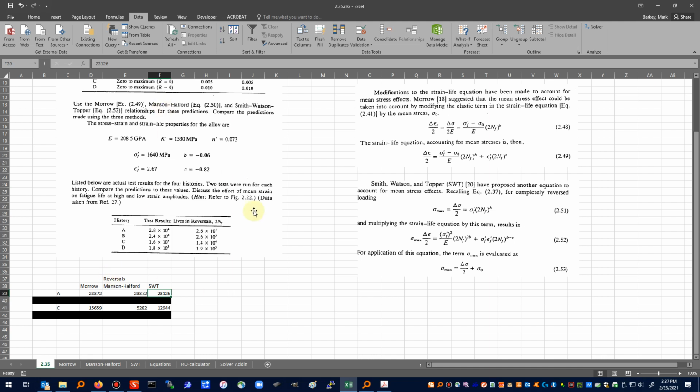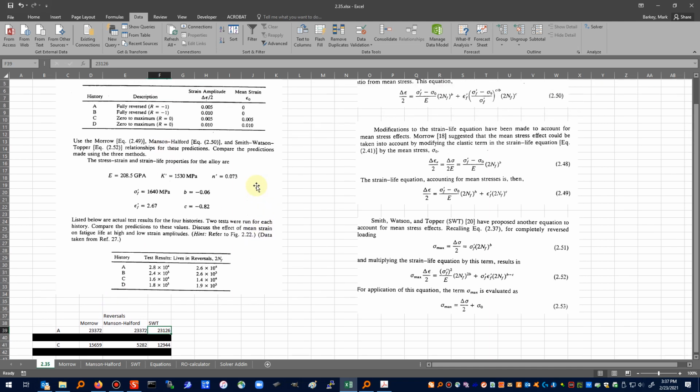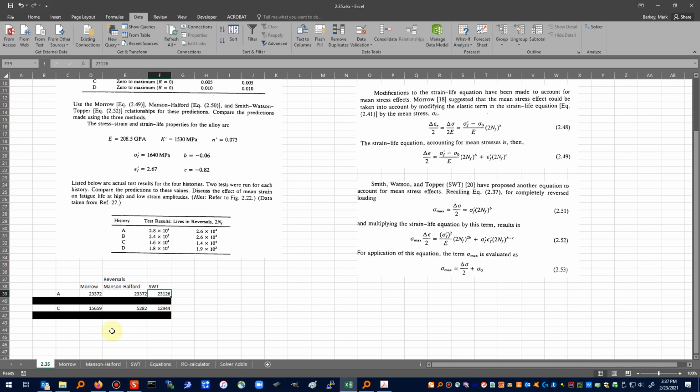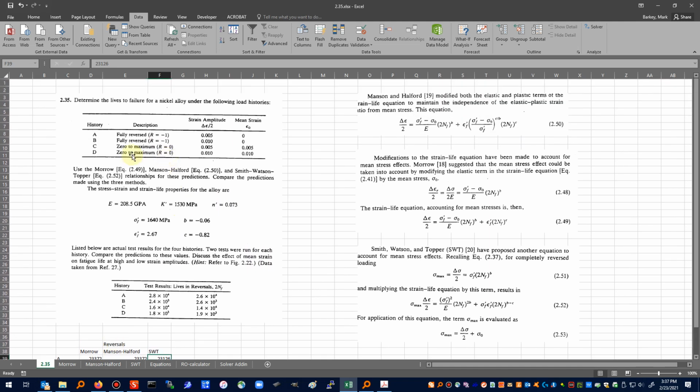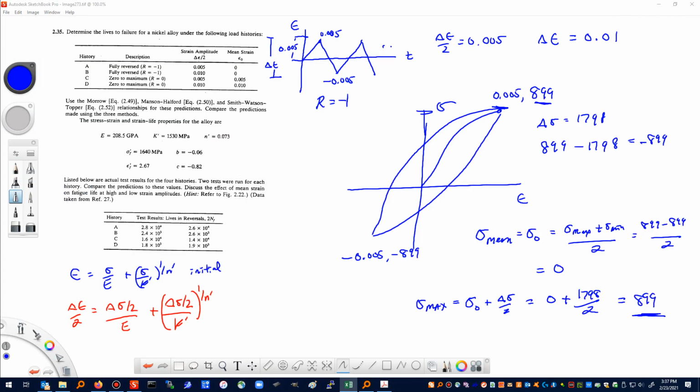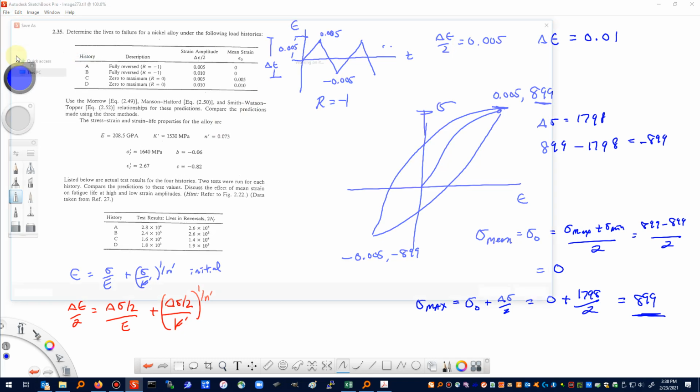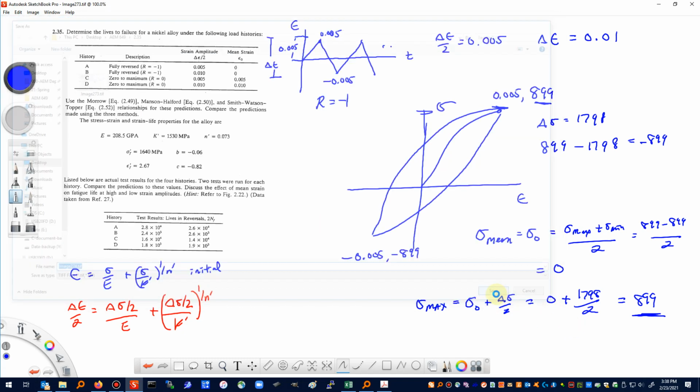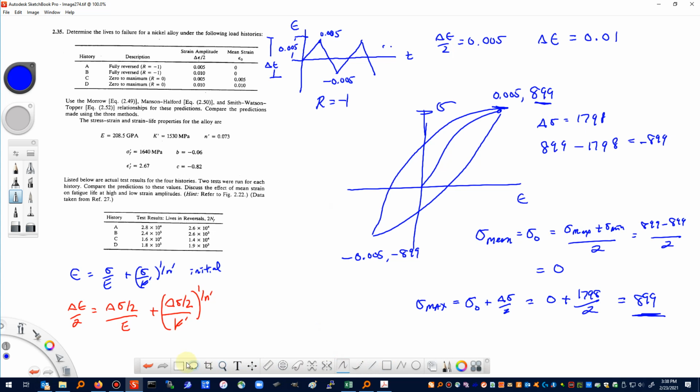Alright, so I'm going to let you do History B by yourself, but let's do History C. History C is 0 to maximum with an amplitude of 0.005. Let me save this page. And let's make some room.